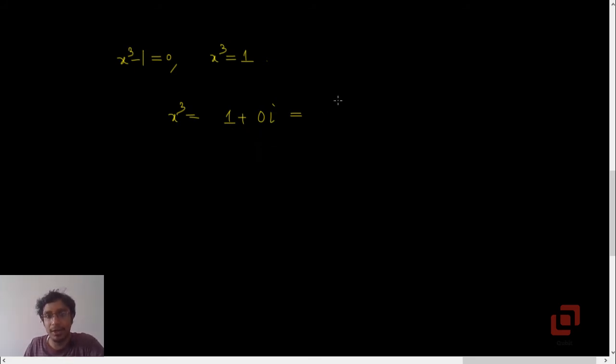Okay, 1 plus 0i can be written as e to the power i into 0, because cos 0 is 1, sin 0 is 0. But we know that for all angles cos theta is equal to cos of theta plus 2n pi. Yes. This is what we do when we find the general solutions. And same thing with sine.